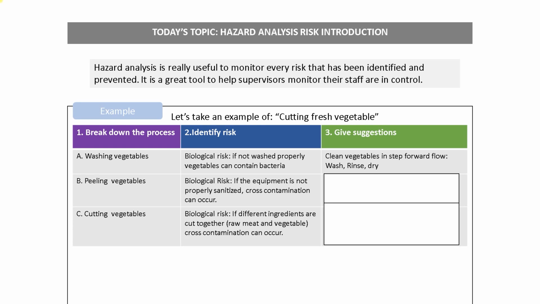For peeling vegetable now, the suggestion based on the risks that I identified is I need to sanitize equipment before use, following a step forward flow, which is removing the dirt, washing with soap, rinsing, and then drying.